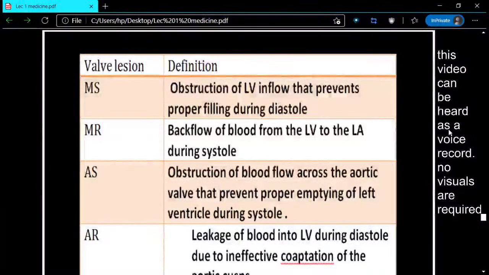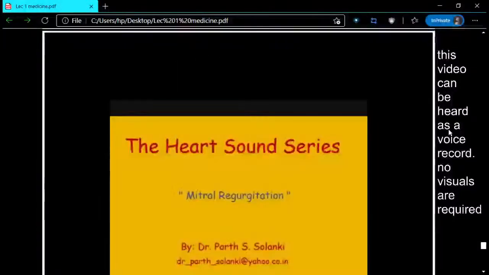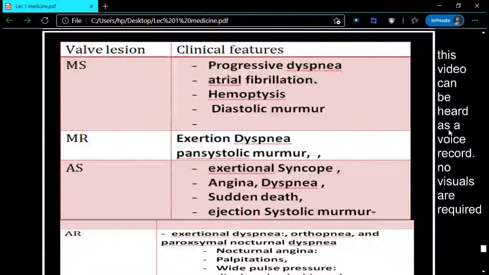Also, it prevents emptying of the ventricle during systole, causing dyspnea, angina, syncope, death.